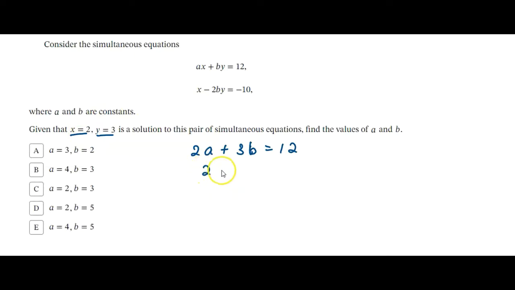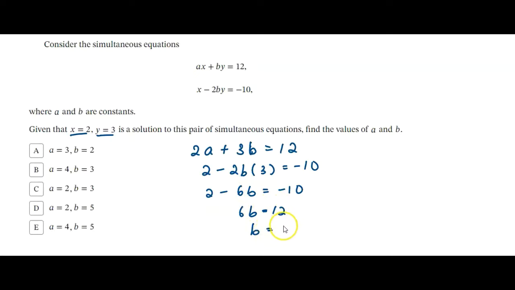You have a times 2 minus 2b, and y is replaced by 3, equals negative 10. Simplifying this, you have 2a minus 6b equals negative 10, and 6b equals 2 plus 10, 12. So b equals 2.